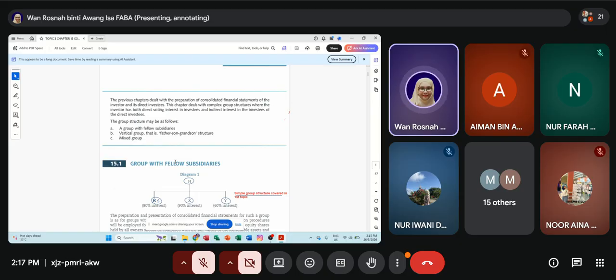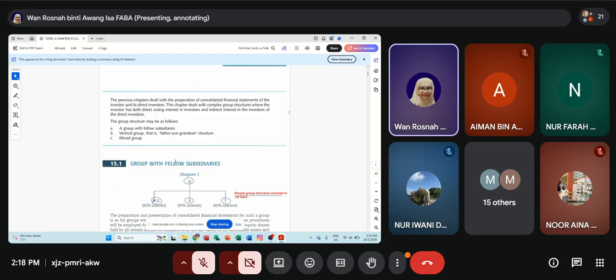Before this, we dealt with only one subsidiary, and now we are going to look at the case where holding invests in one company, which is subsidiary one, for example 80%, whereby the holding company acquires 80% of the subsidiary.